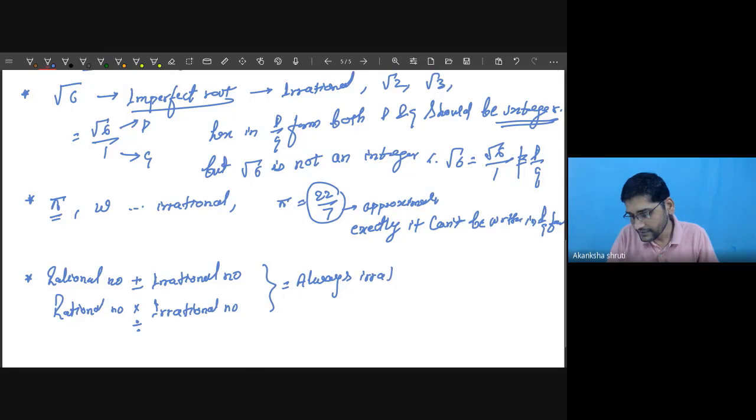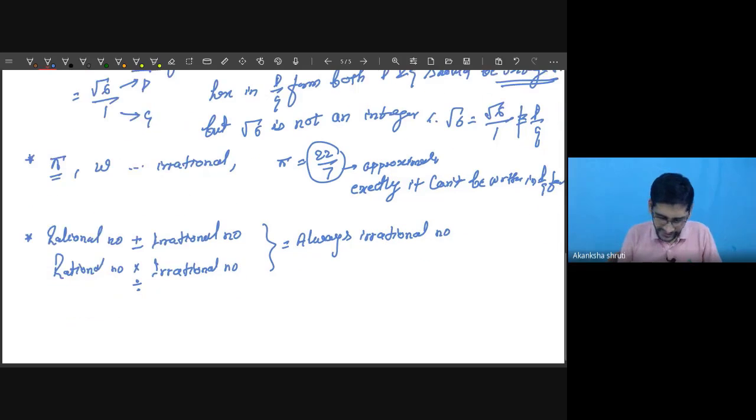An irrational number. These things we have to keep in mind.